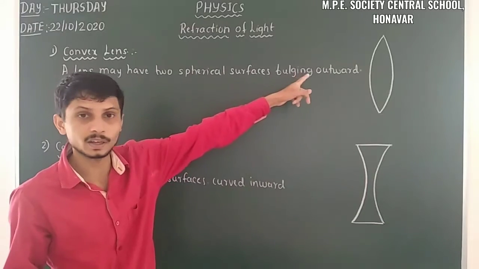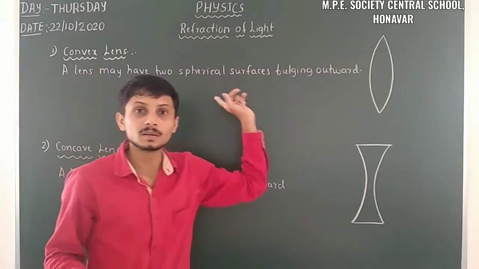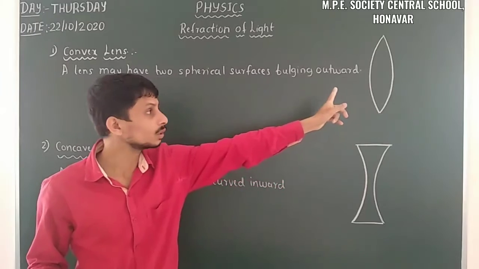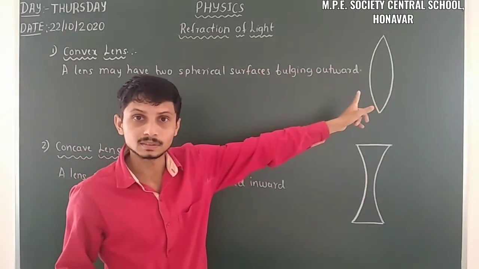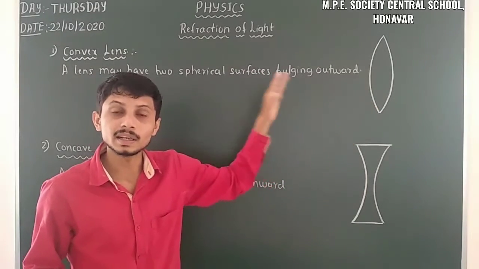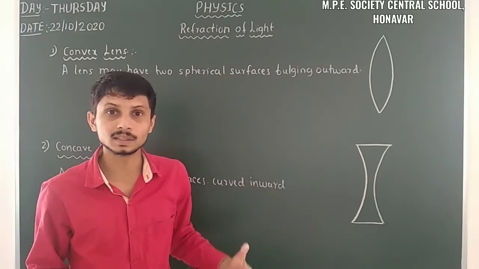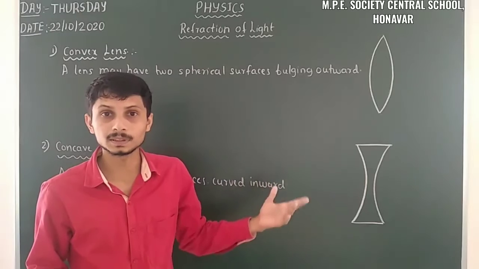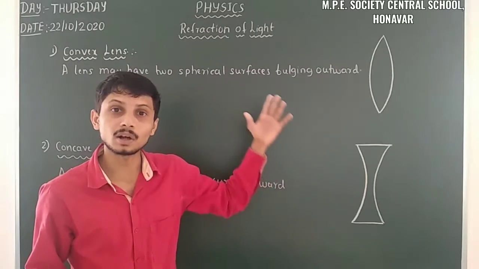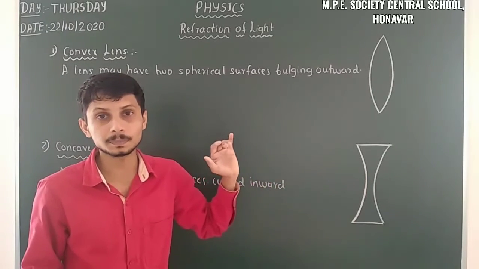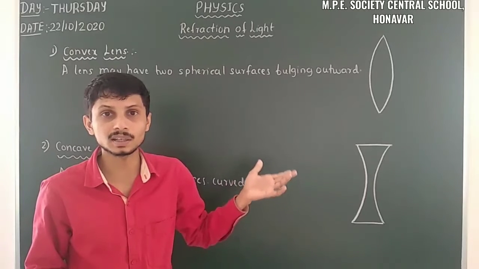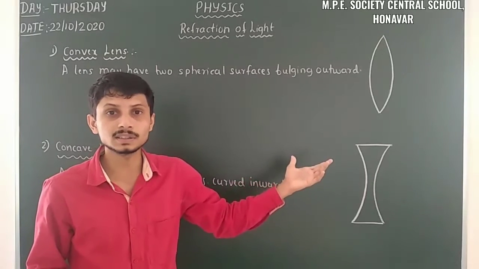When a ray of light passes through the convex lens, it always bends towards the principal axis. That means it always converges towards the principal axis. That's why we take it as a converging lens.